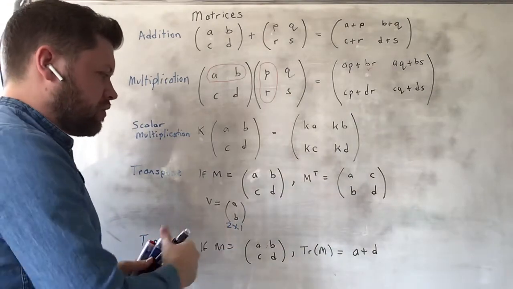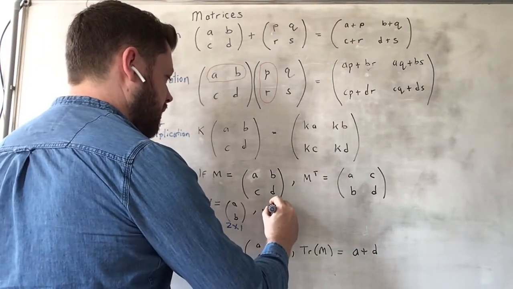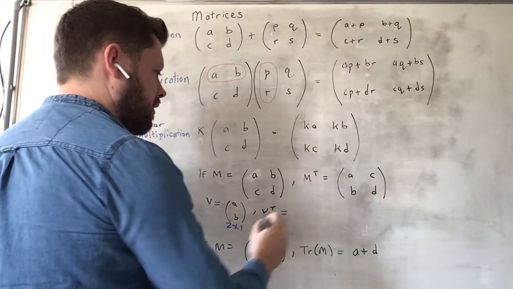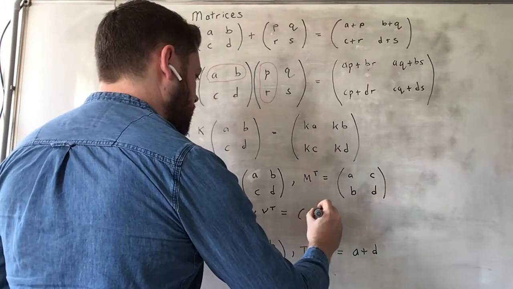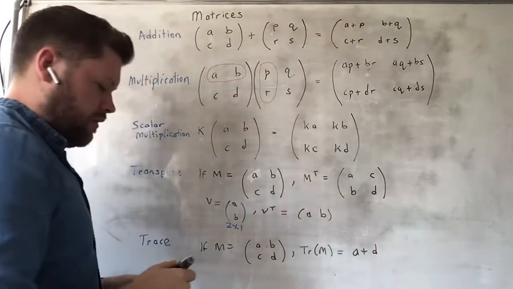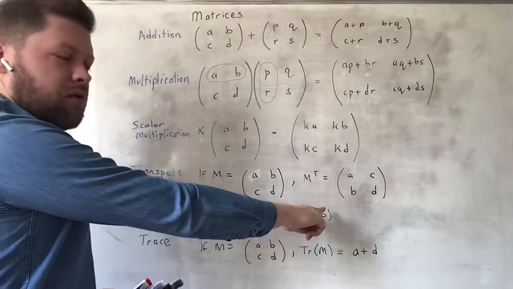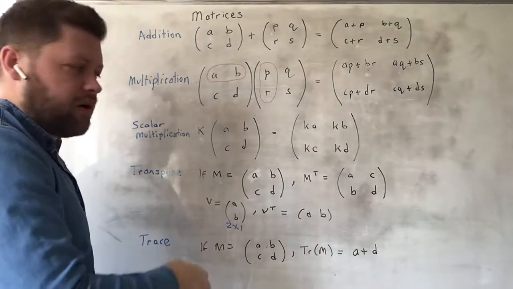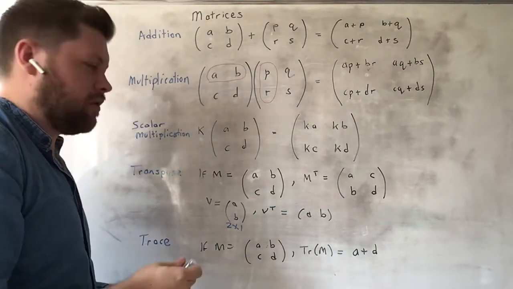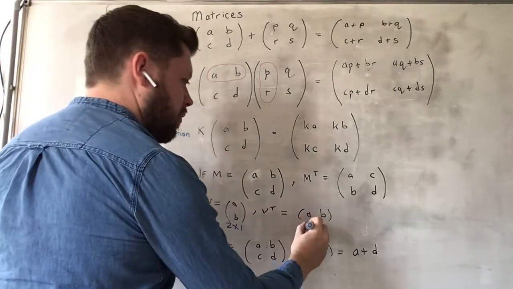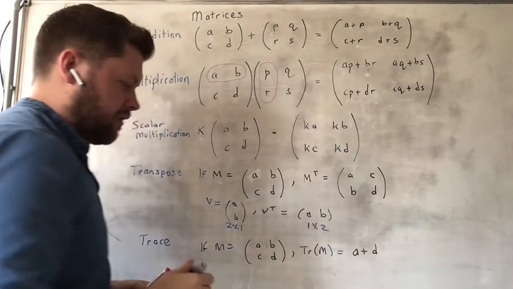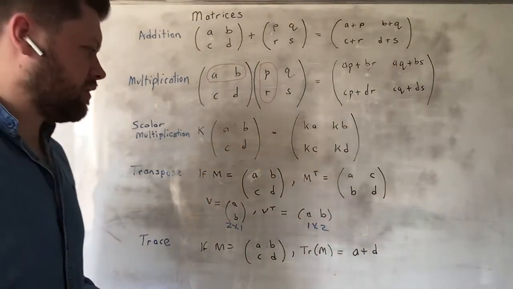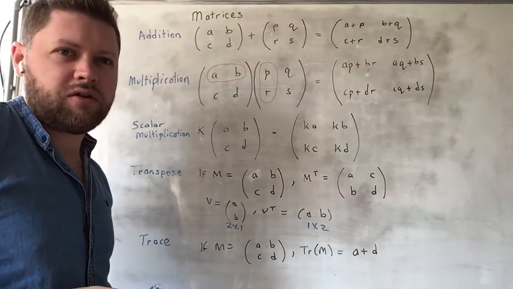You can find the transpose of V: V transpose is A, B. Okay, this column has become a row. It works both ways. Rows become columns, columns become rows. So this is now a 1 by 2 matrix. Okay, but they're both vectors, just one is the transpose of the other.